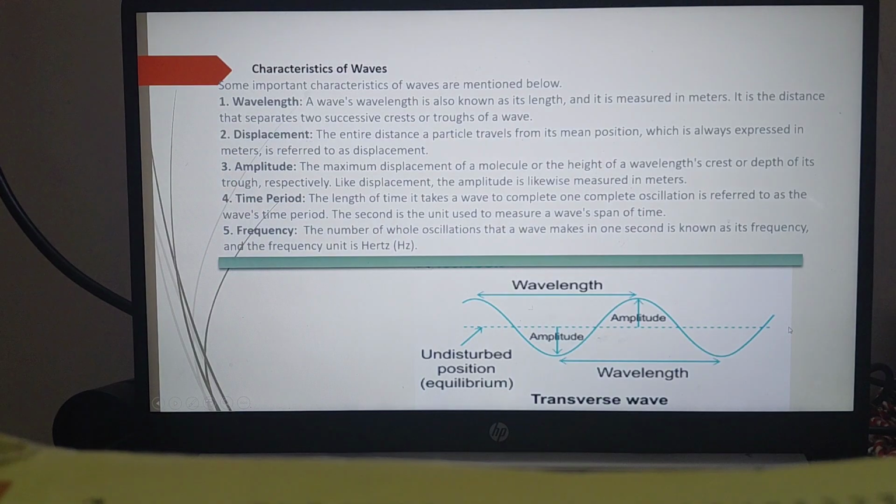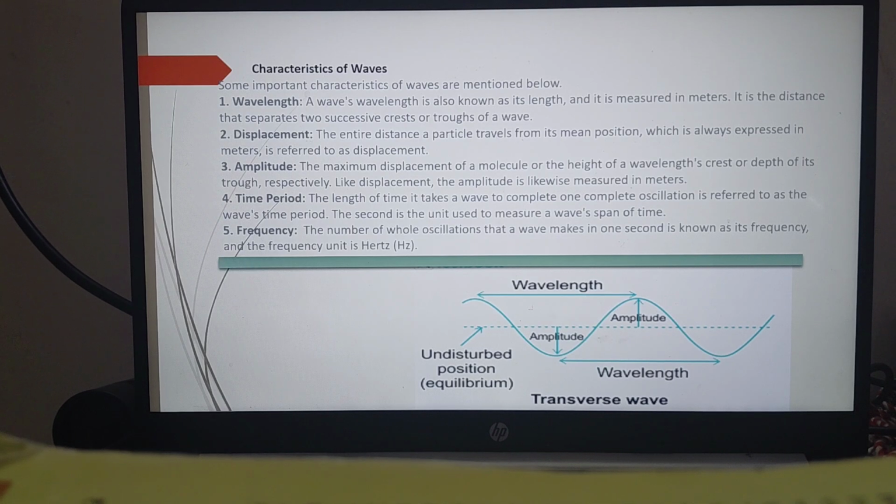Next, what are the characteristics of a wave? As a wave, it has to satisfy certain characteristics: wavelength, displacement, amplitude, time period, and frequency.